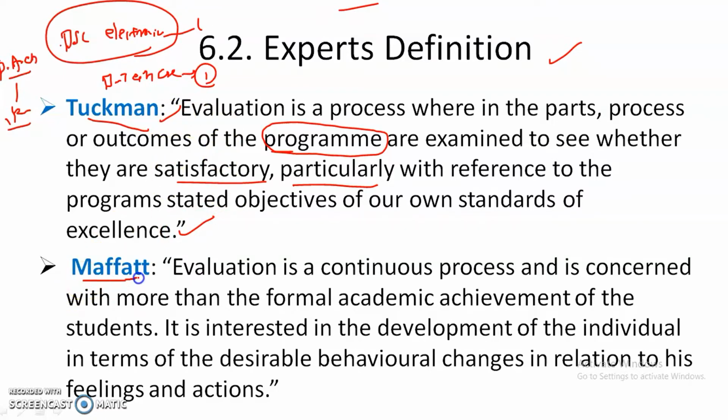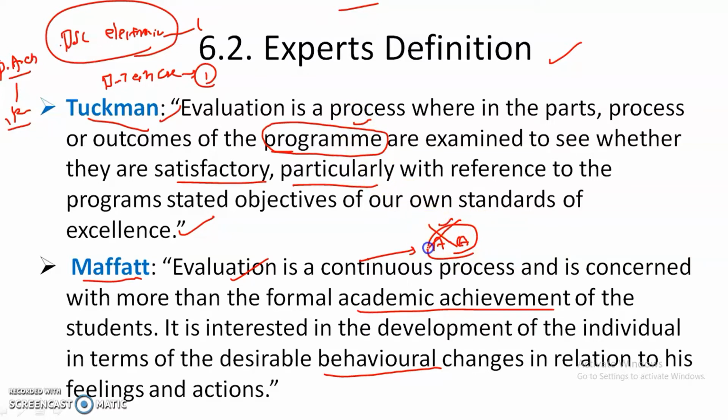And while coming to Muffat, the Muffat definition is that evaluation is not only the academic achievements, it is also the behavioral changes, right? So it is the definition given by Muffat. That means Muffat is not only focusing on the academic achievements, okay, how many marks you are getting and how many grade points, what is the percentage of your graduation or of your program.